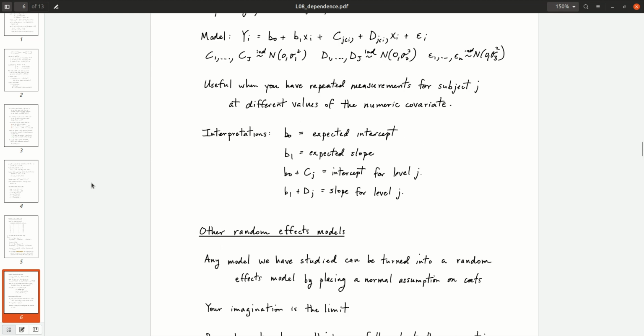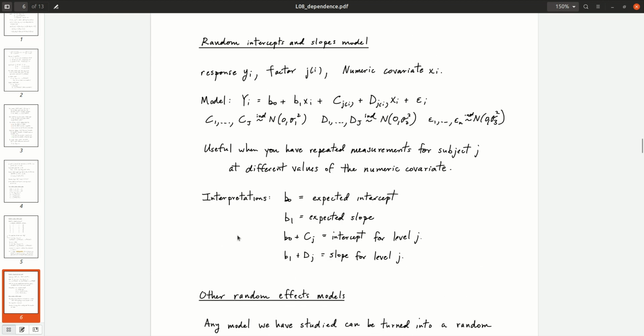This last one we just studied is a perfect example of that. Basically, we want to assume that the intercepts for a sample of j subjects follow a normal distribution centered at B sub 0 and with variance sigma 1 squared. And we want the collection of slopes to also follow a normal distribution centered at B sub 1 with variance sigma 2 squared.